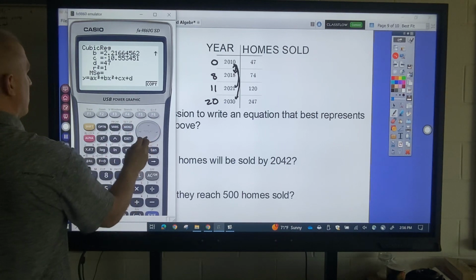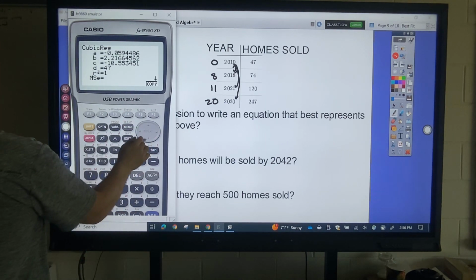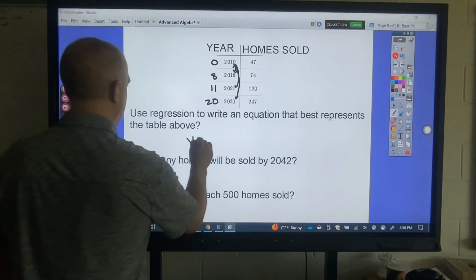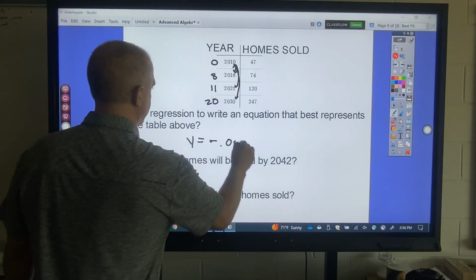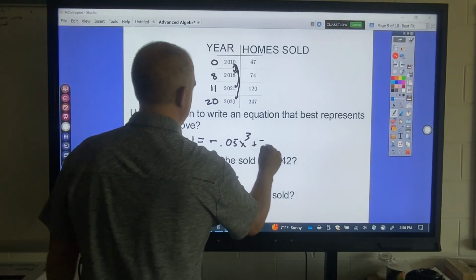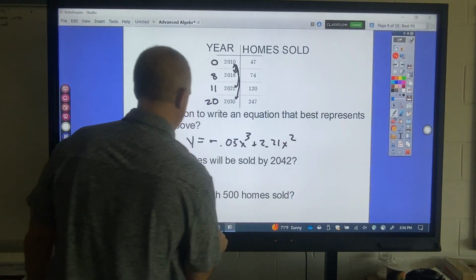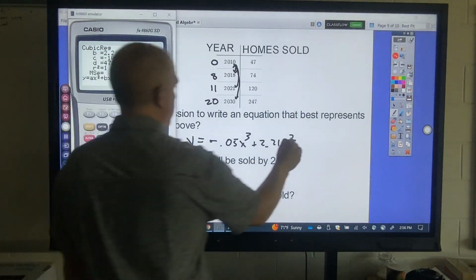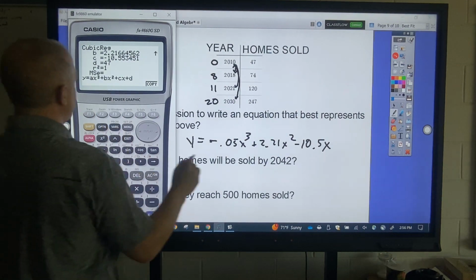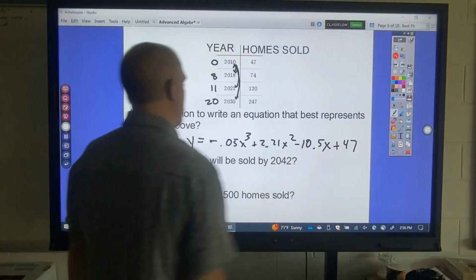If I scroll down, I can see I got negative 0.05 x cubed, 2.21 x squared, negative 10.5 x, and then plus 47. That would be the equation.